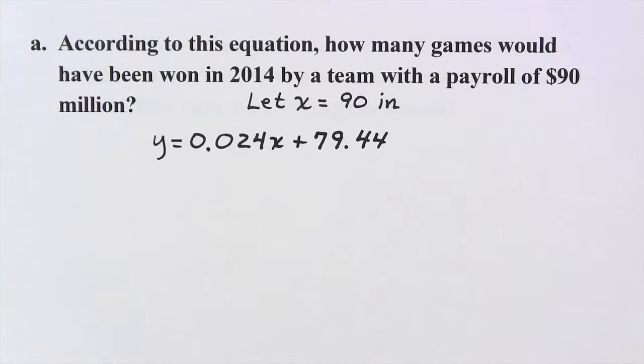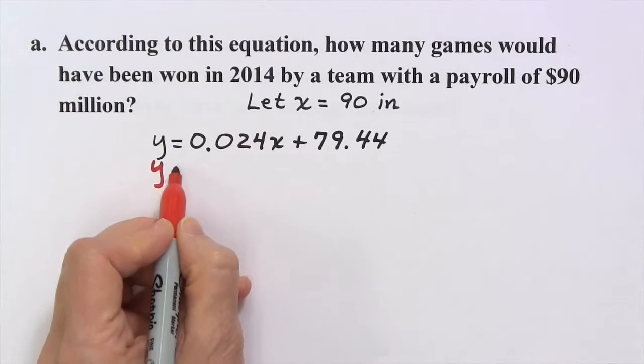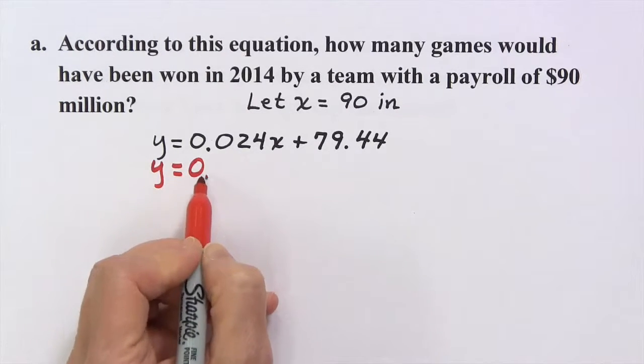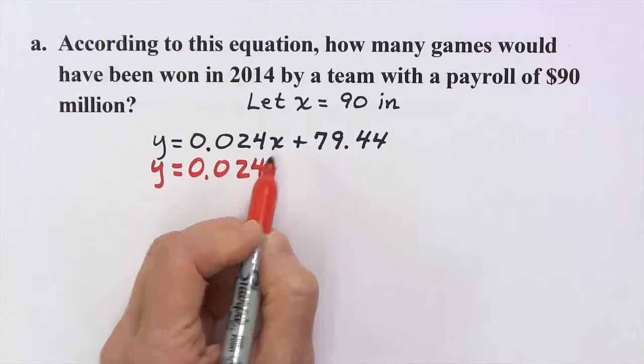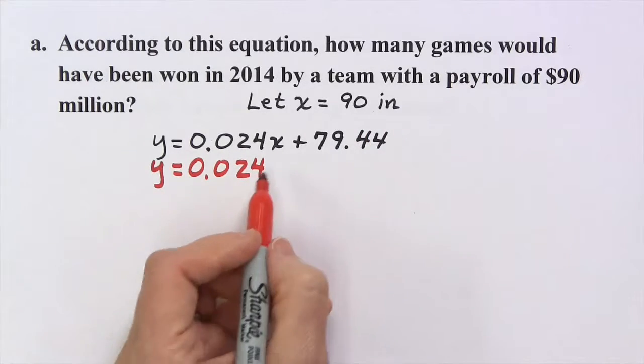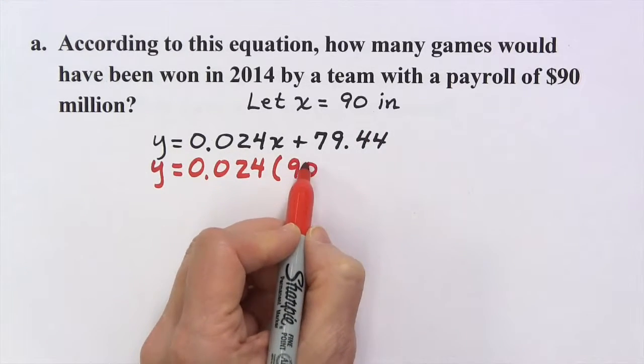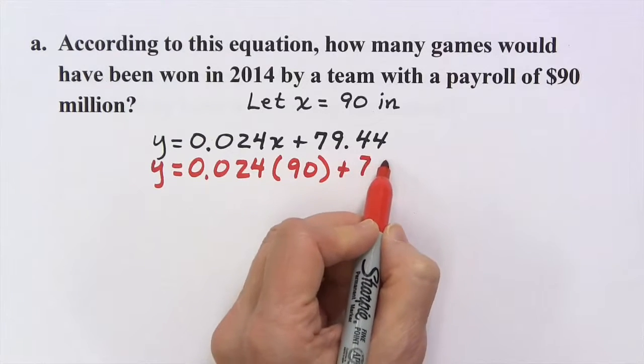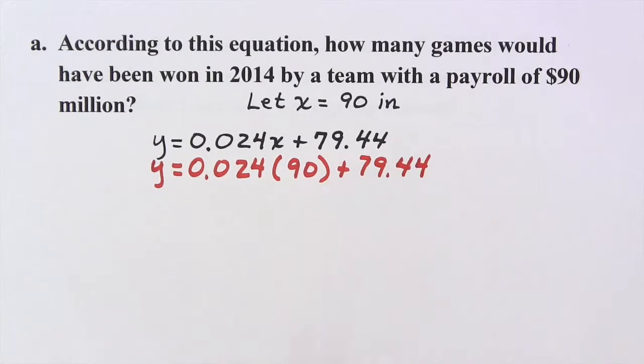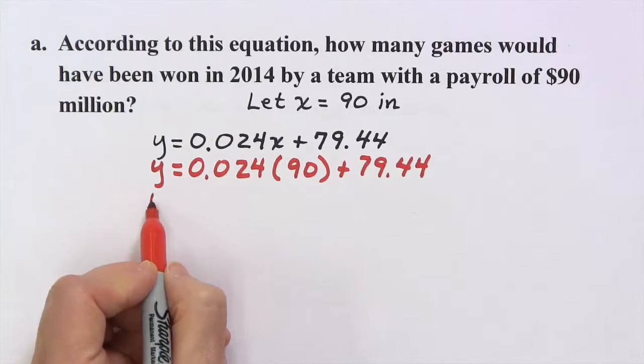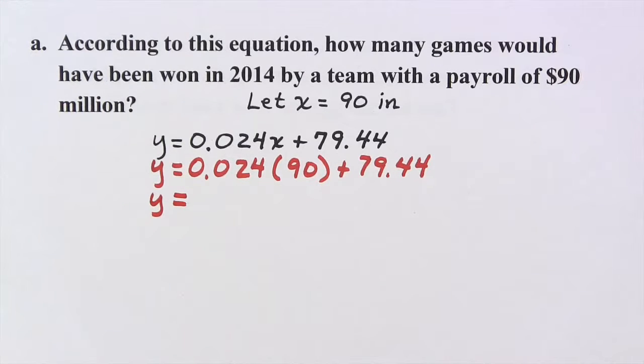Now we'll find Y when X is 90, because the payroll was given to us to be 90. Y equals 0.024 times 90 plus 79.44. Now I'll let you put this in your calculator.